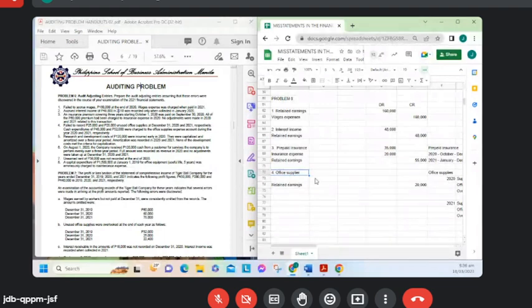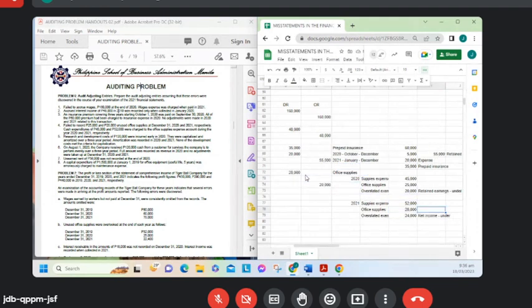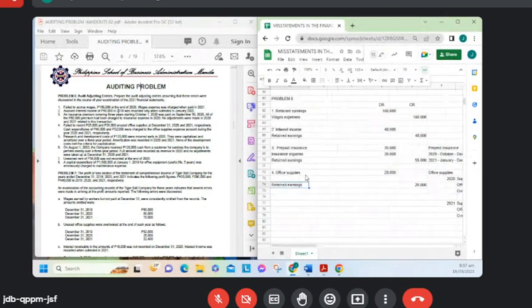Mali, mali pala. Office supplies. A debit to office supplies.